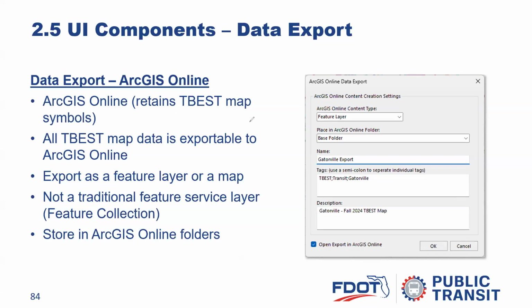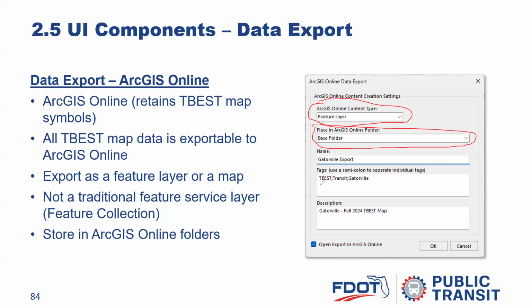That's this option, ArcGIS Online content type. You can place it in the base folder, which is the default. But if you have folders that you have access to in ArcGIS Online, it will load those in, and you can place your export into a specific folder. So if you have a TBEST folder on your ArcGIS Online account, you can place it into that.